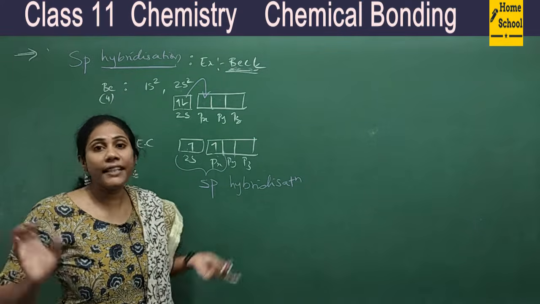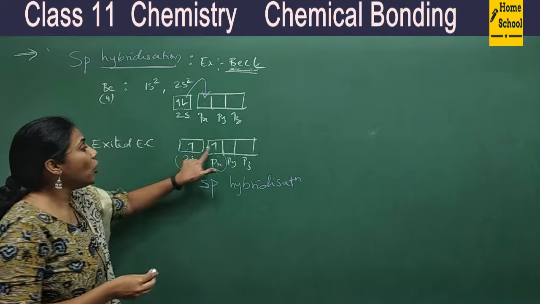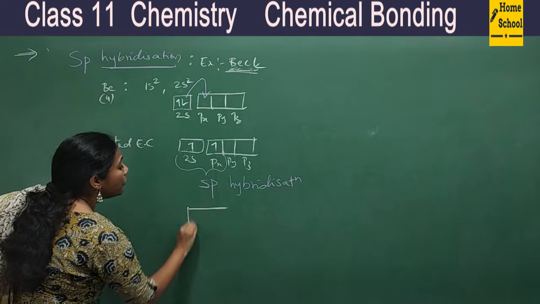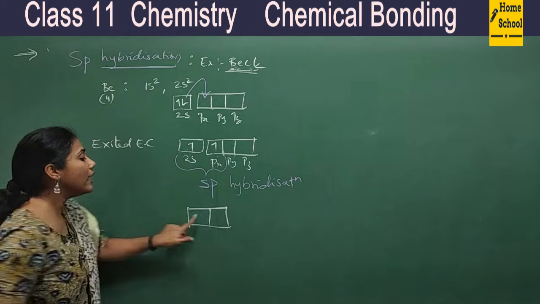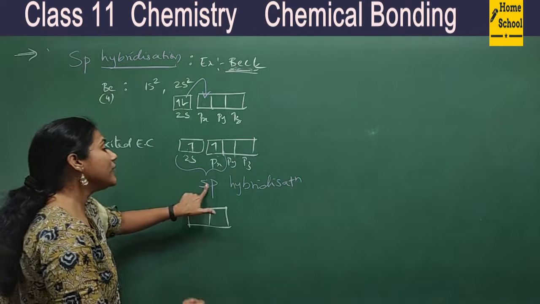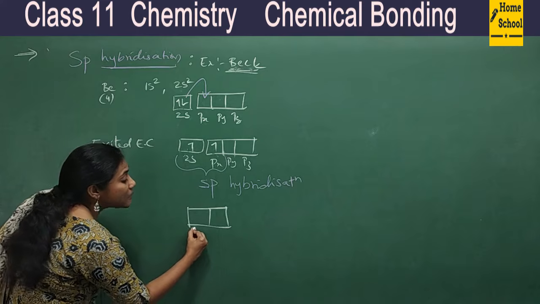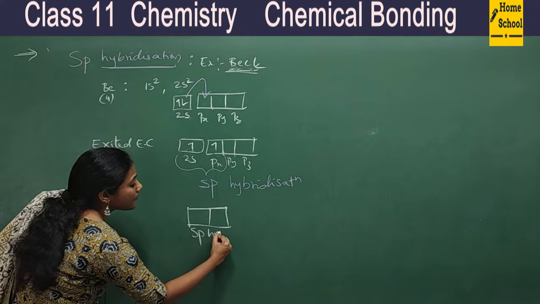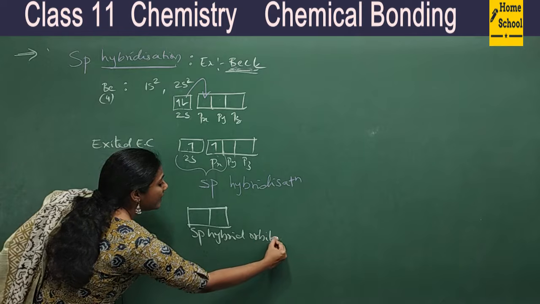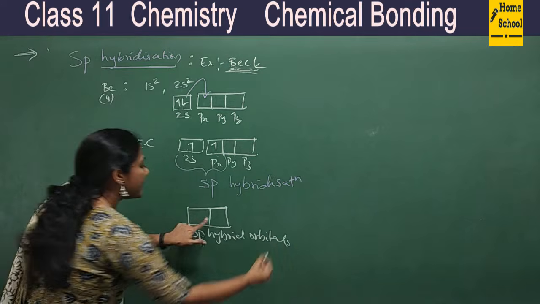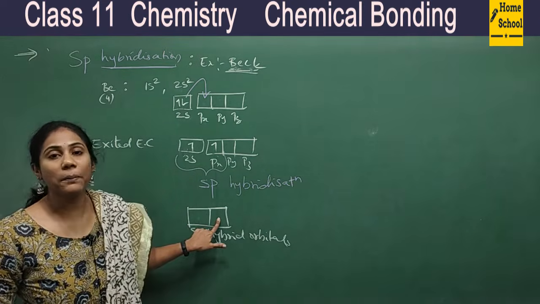rejuvenated orbitals. If two orbitals are mixing, two new orbitals are formed. These orbitals are called hybrid orbitals, so they are called sp hybrid orbitals. So this is one sp hybrid orbital, and this is another sp hybrid orbital.